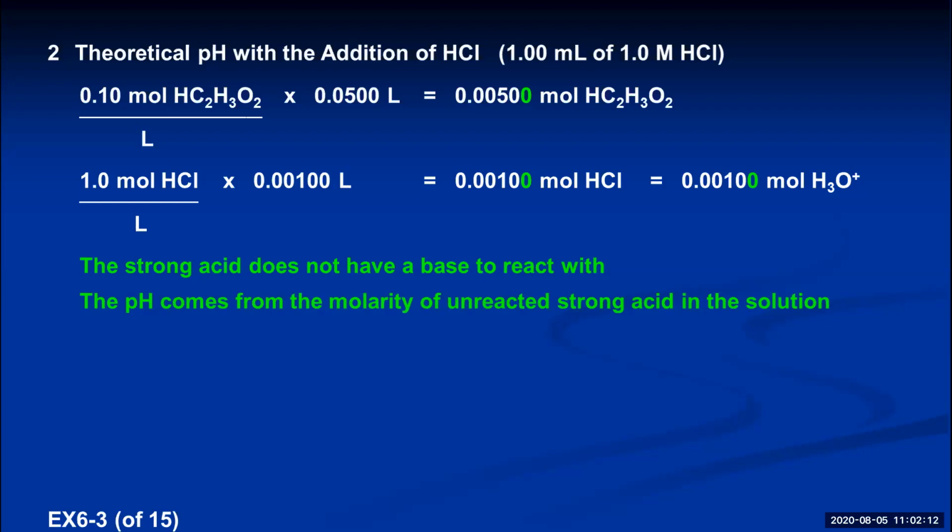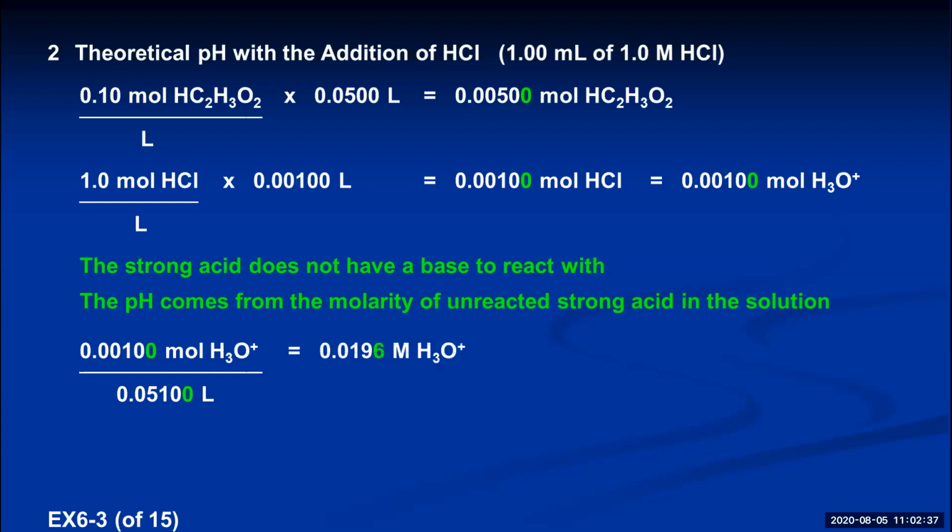So the pH is just going to come from whatever the molarity is that we calculate of the unreacted strong acid in the solution, which is the 0.0010 moles, and we were mixing 50 milliliters and 1 milliliter together, so that means the volume of our solution is going to be 51 milliliters, or 0.0510 liters. So moles divided by liters will give me the molarity of the hydronium ions in this solution because they don't react away with anything.